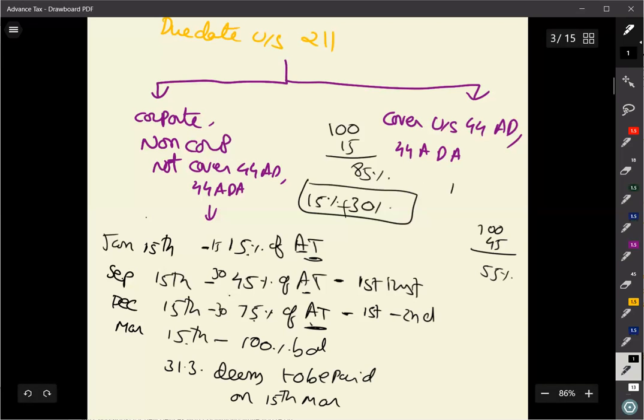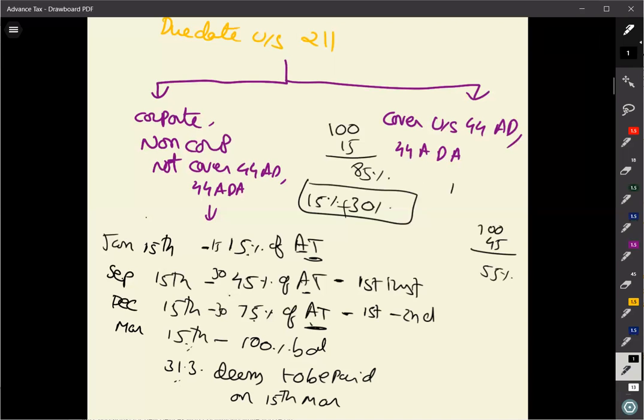Even if you don't pay on 15th March, but you pay the last installment on 31st March, it does not amount to making a default. So any amount paid on or before 31st March shall also be treated as advance tax paid for that year.